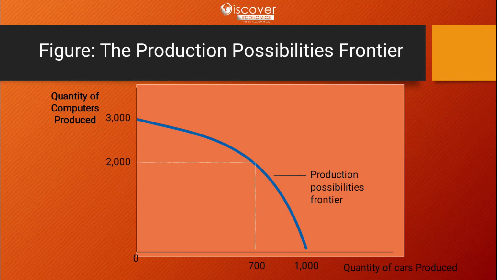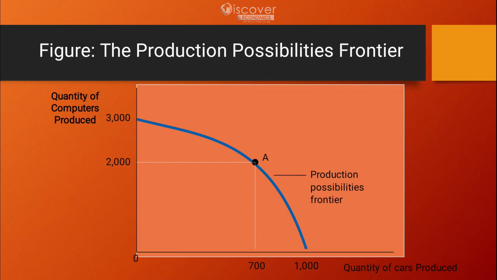So this line is known as the production possibility curve, and each and every point on this line is achievable. If all the resources are being used, either we can make one product completely, or we can make the other product completely, or we can have a combination of both products.